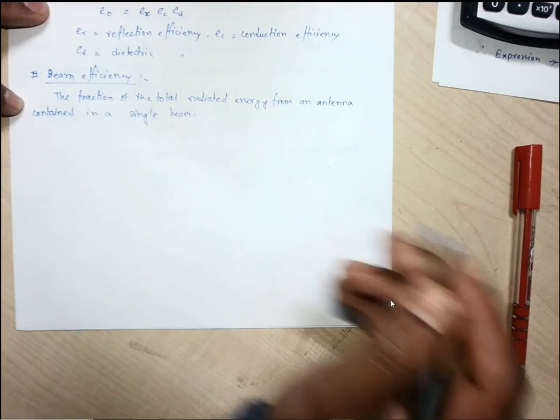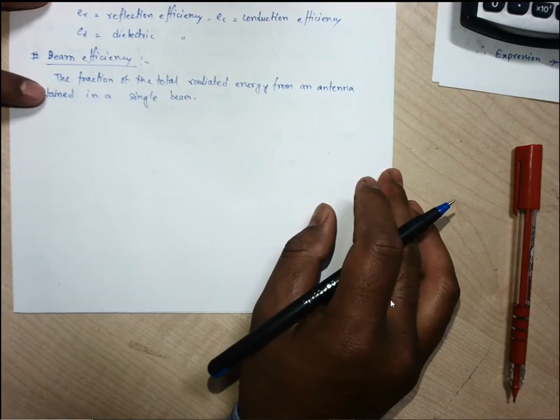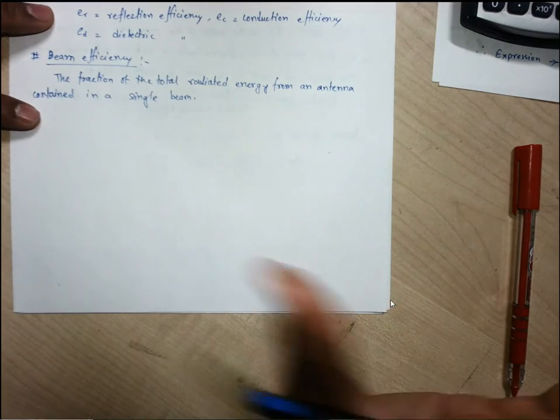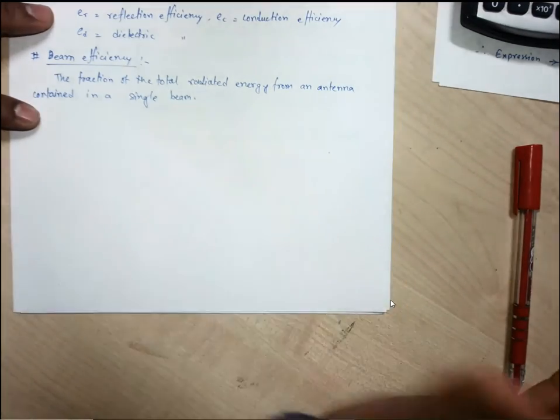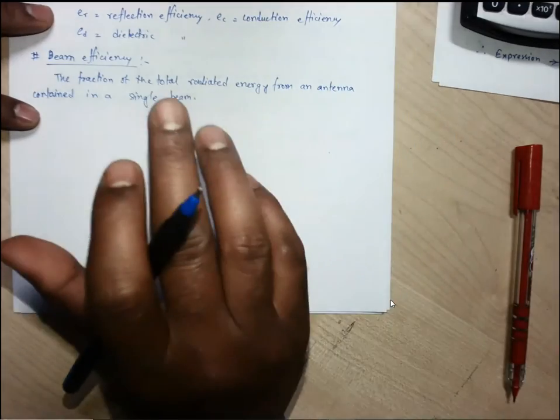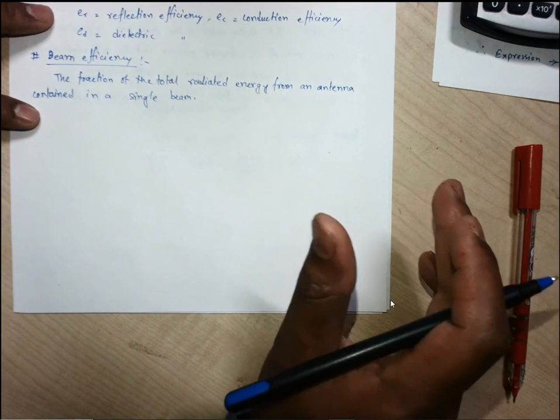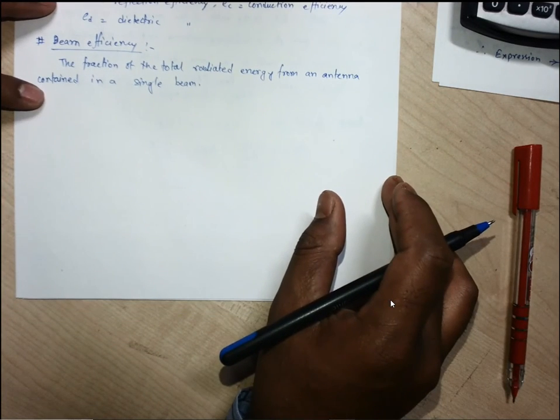That beam is ideally considered as the major lobe. If we have some other side lobes also, compared to those lobes, how much radiated energy is contained in the major lobe? That will give us the beam efficiency.